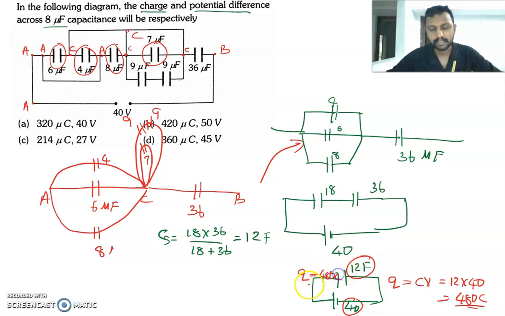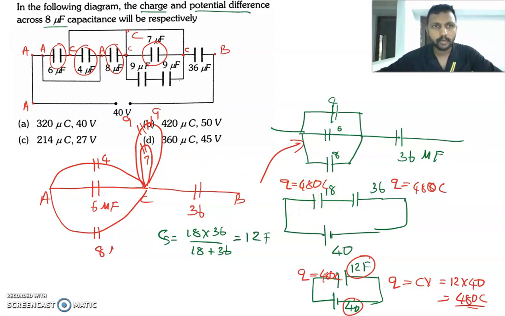This is the charge accumulated over this capacitor. It is 480 coulomb, and you know in series combination the net effective charge will be equal to the charge across each capacitor. Therefore, this charge will also be 480 coulomb, and this charge will also be 480 coulomb. Since we require the charge and potential on 8, let's solve this.